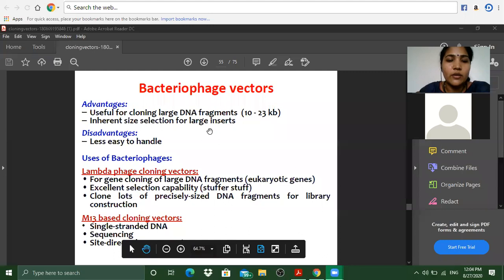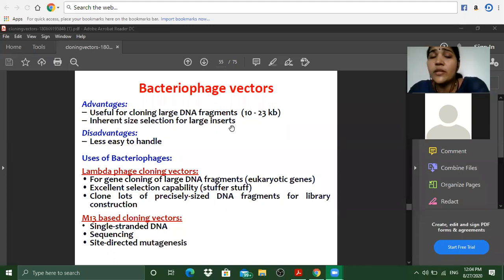Yes, that is what is important, and that's the reason most scientists and researchers end up using these bacteriophage vectors for their research, because they are very precise and you can easily insert many DNA fragments and make library constructs for further use.